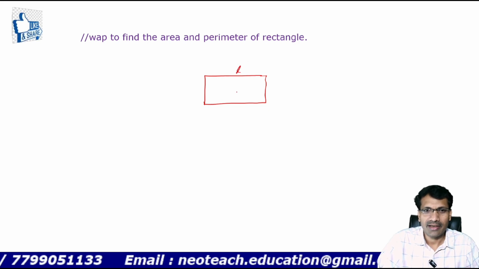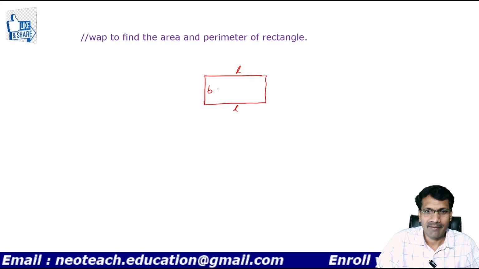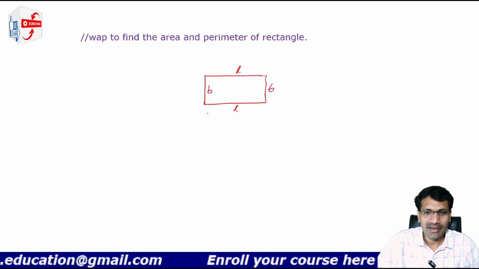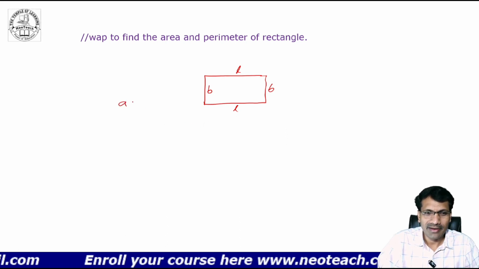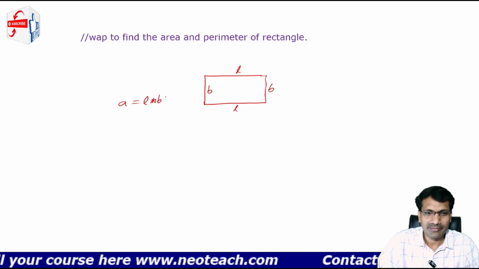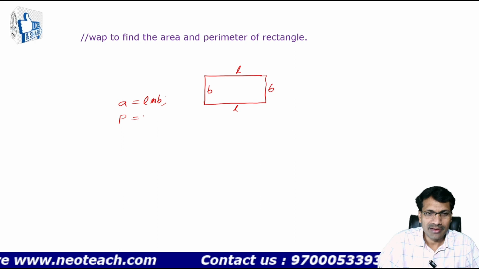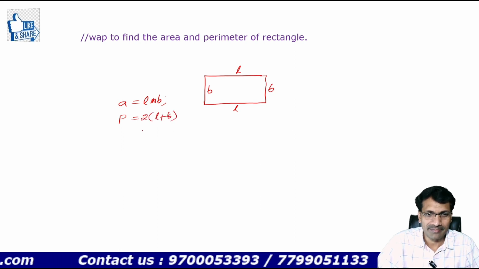Now this is the L, this is the L, and this is the B, and this is also B. Okay, so length and breadth. If you want to find the area, area is equal to L into B, length into breadth. And if you want to find the perimeter, you know that it is 2 into L plus B, like this.